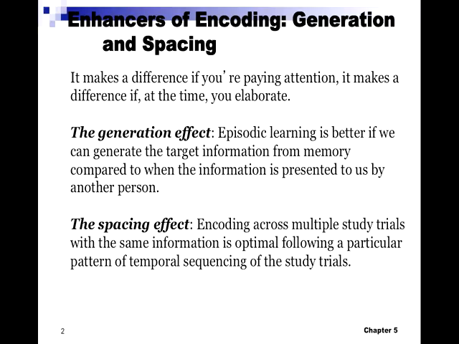So the generation effect is when you come up with the information to remember, so you generate it. The spacing effect we've talked about a little bit before, but encoding across multiple trials, so studying across multiple days, is better than cramming it all in the same night.